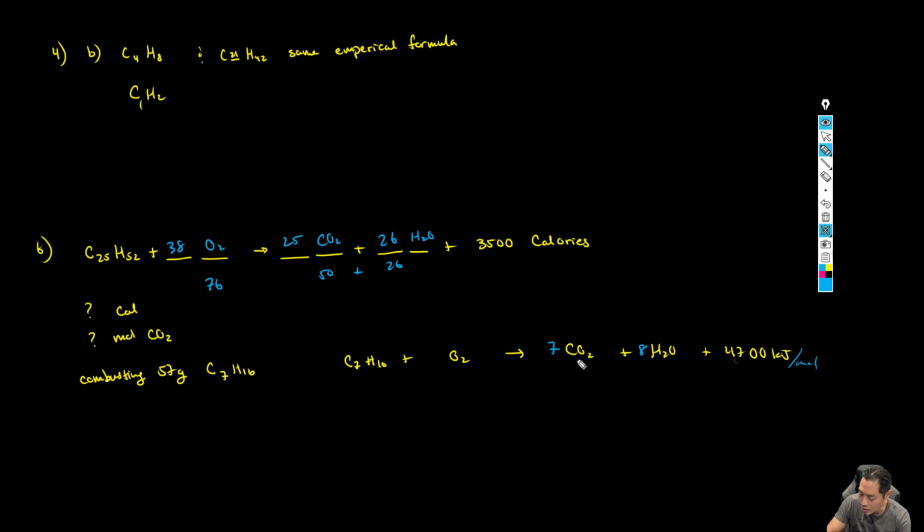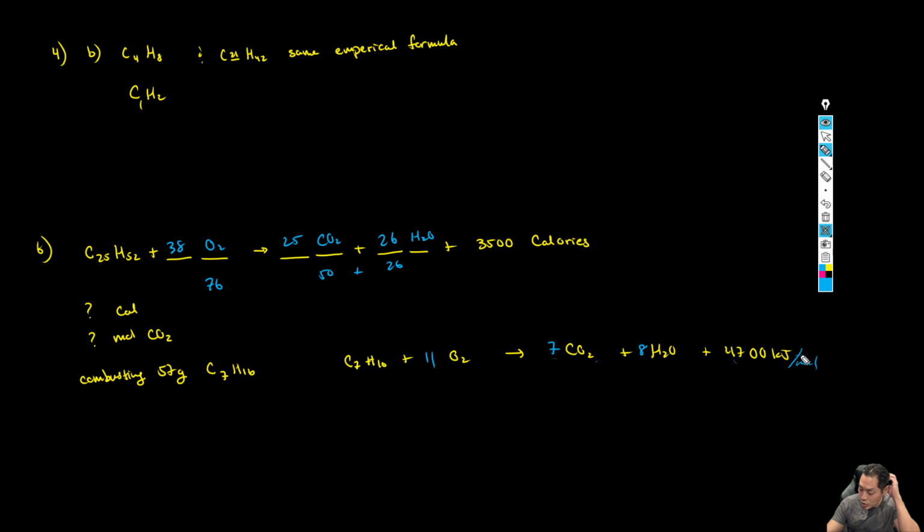Now I need to do my oxygen. 7 times 2 is 14 plus 8. 14 plus 8 is 22, so I'm going to have 11 oxygens. I feel like I did something wrong. Let me check my answers. Oh, I did my answer key wrong. Oh well, at least I got this correct. So this is a balanced equation. Let me just double check to make sure I did it right. C7, 7 carbons. H16, 8 times 2 is 16. 7 times 2 is 14 plus 8 is 22 divided by 2. Yep, this is totally correct.